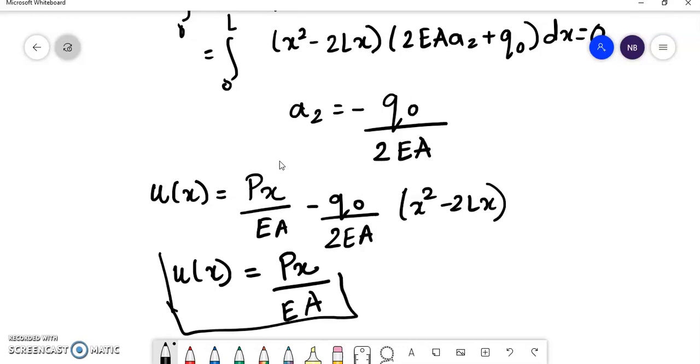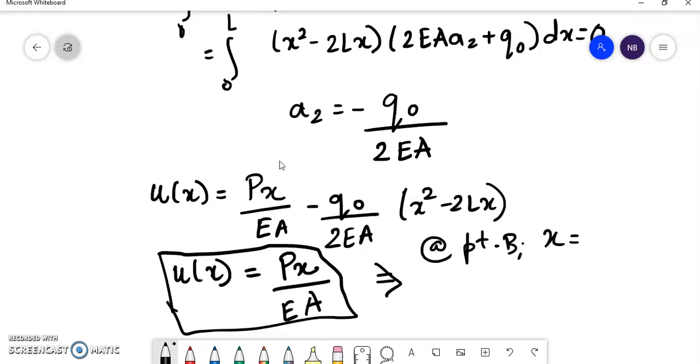This is the equation that we require to get the displacement at any point when it is subjected to a point force at the free end. Now if we want to get the displacement at the point B, we know that x equals L. So the displacement at L, the point of application of P, we will get PL upon AE.